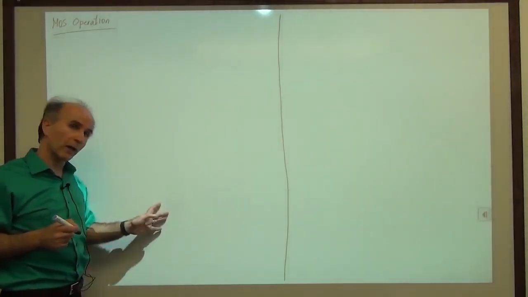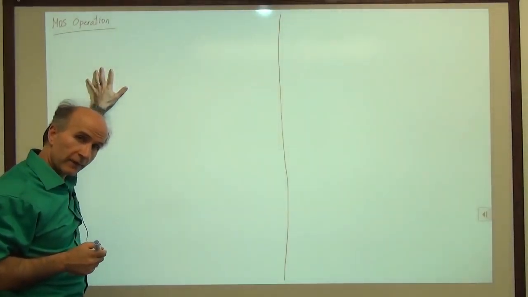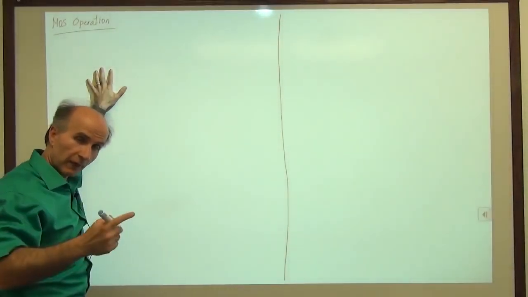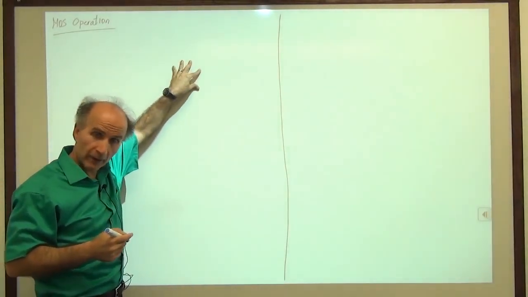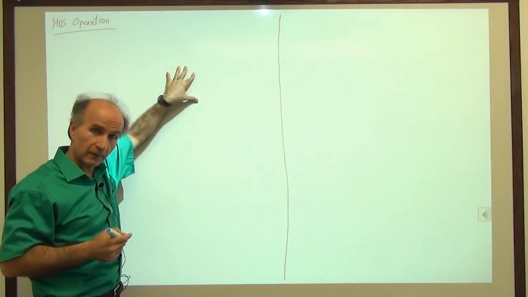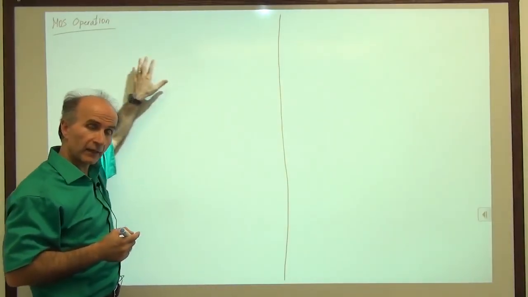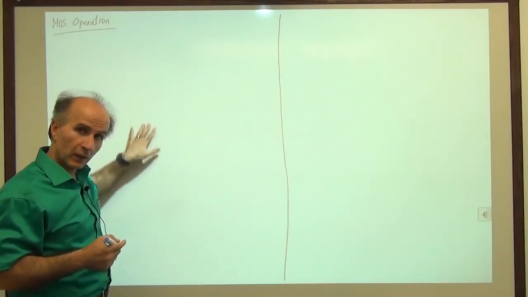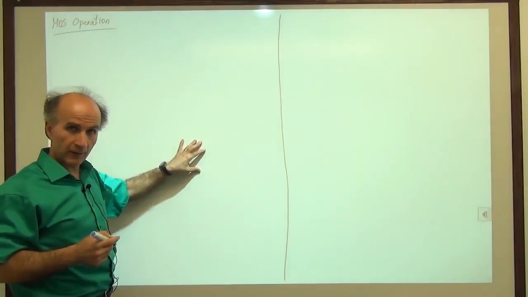So what we will do for a while is draw the actual two-dimensional MOS device and apply some voltages around it. And then we also draw the symbol for the MOS device and apply the same voltages around it. And gradually we get used to looking at the symbol and understanding what the device is doing. And eventually we don't draw the actual device structure anymore, we just draw the symbol.